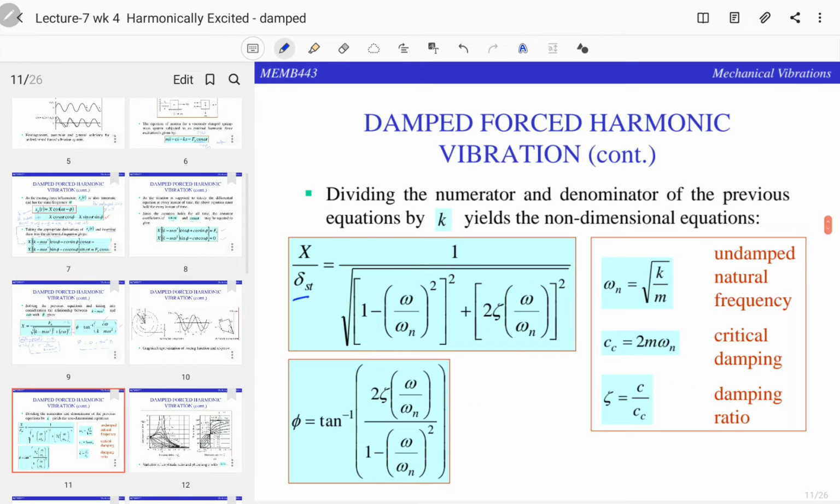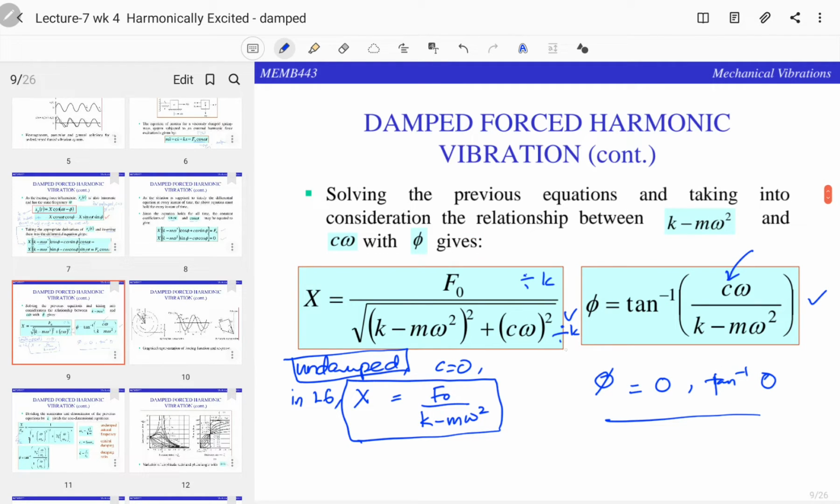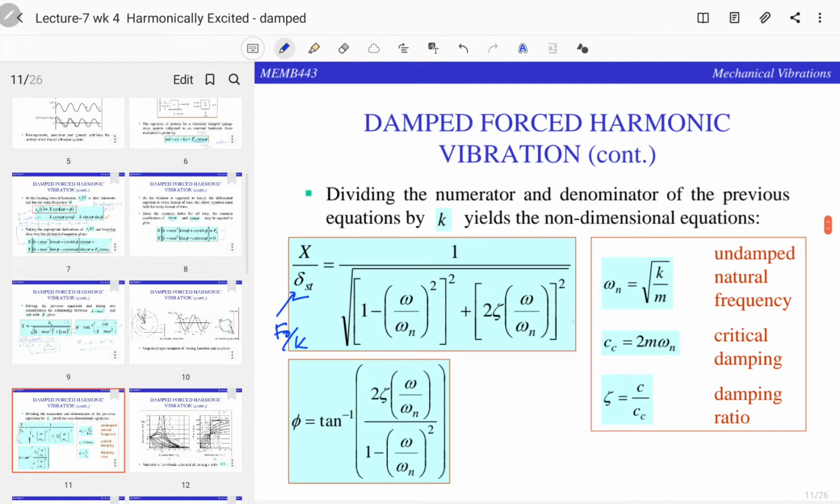You bring F naught over k to the other side of the equation, and the rest is from this equation: if you divide by k, you get this expression in terms of a non-dimensional equation. You do the same thing for phi as well. So now it is in the form as such.